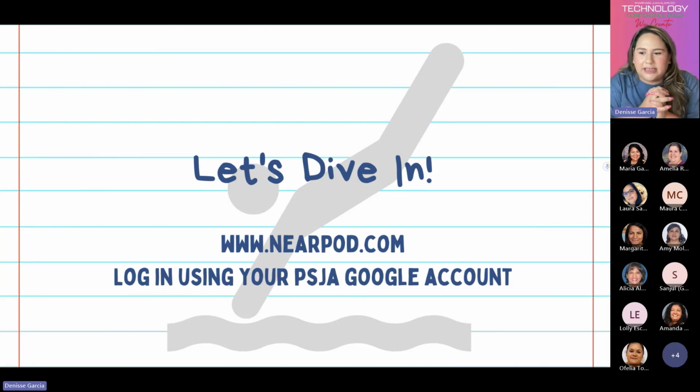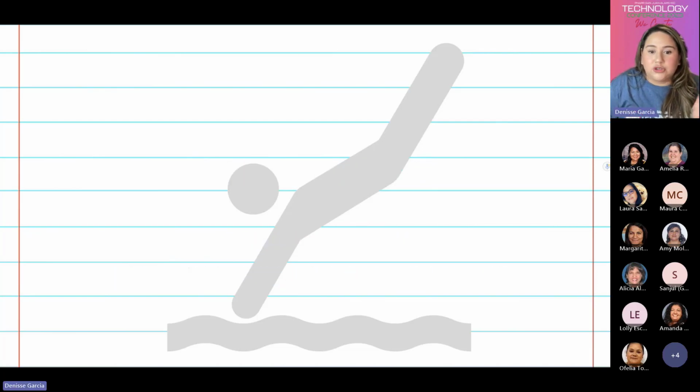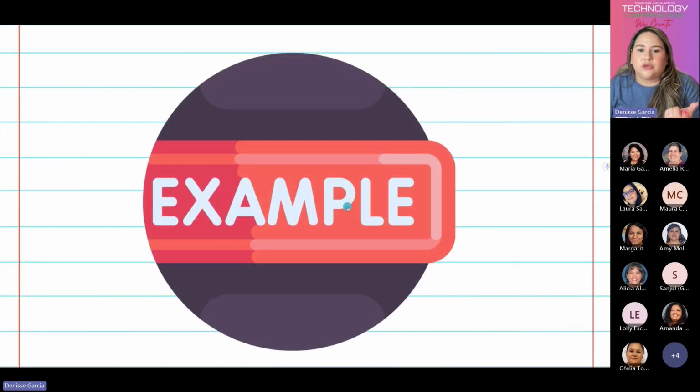So go ahead and log in, and I'm going to give you a link that's going to allow you to preview a lesson that's already been completed. You do have to log in using your PSJA Google account. Let me go ahead and give you that link.